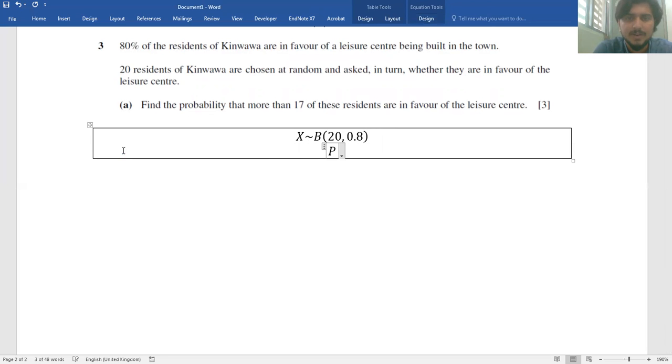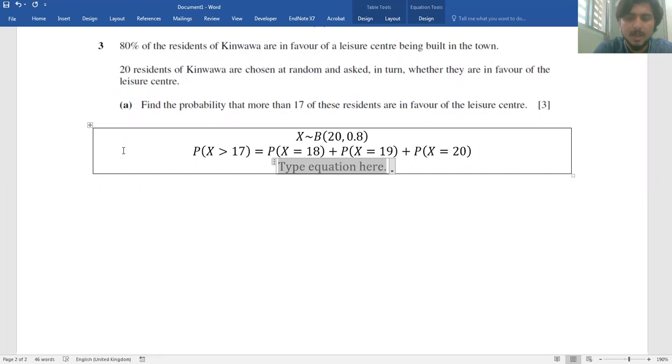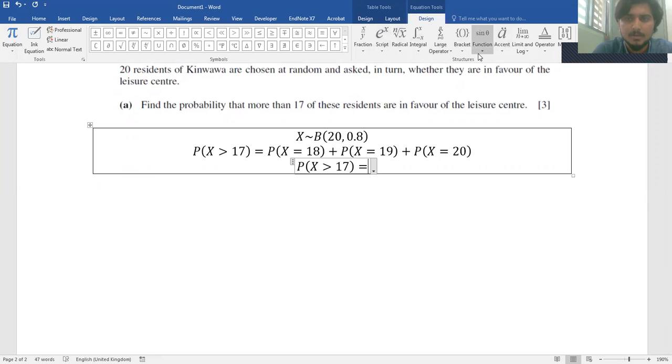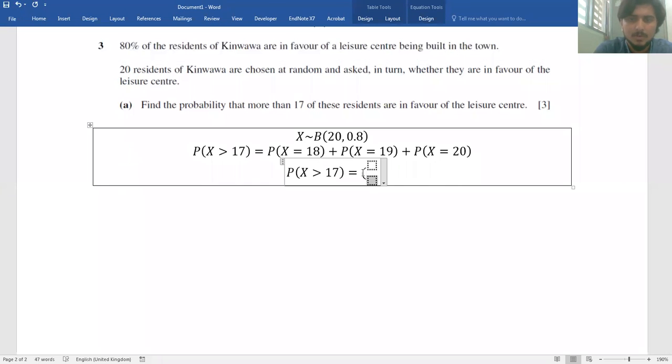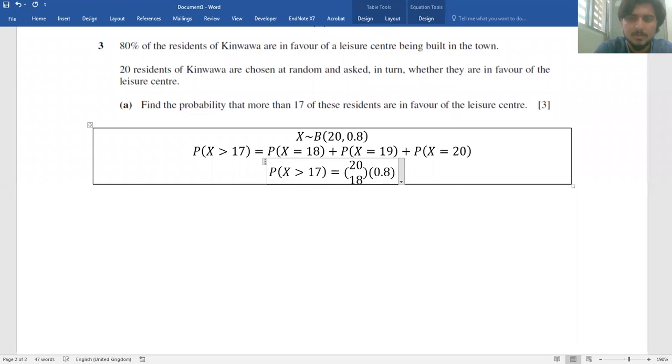Find the probability that more than 17 of the residents are in favor. The question says more than 17, which would mean that either 18 residents or 19 residents or 20 residents. So we'll have to apply binomial 3 times. For 18, the formula is provided. So we go 20 C 18, and then the success has the power of 18, and the failure, which is 0.2, has the power of 2.